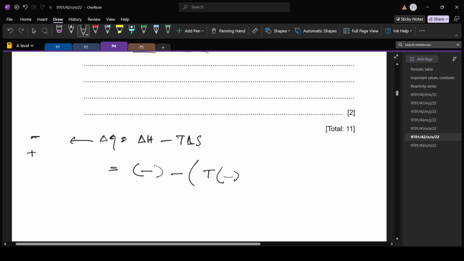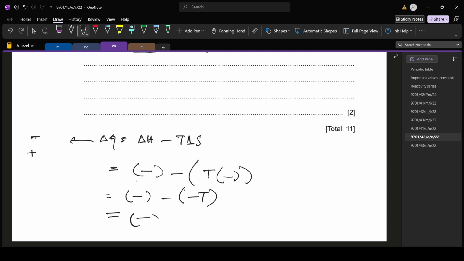So now you can see that negative and negative becomes positive, and this is your Gibbs free energy.